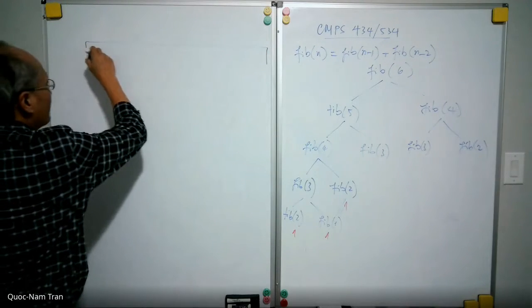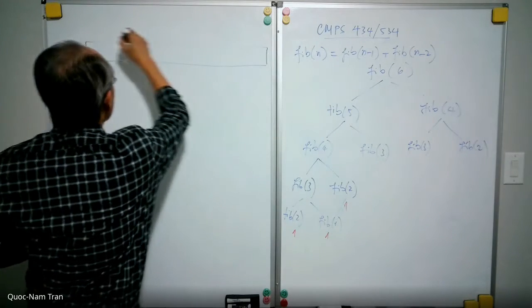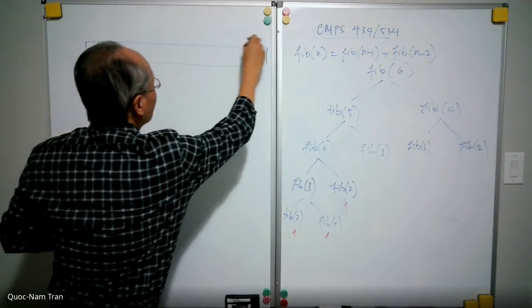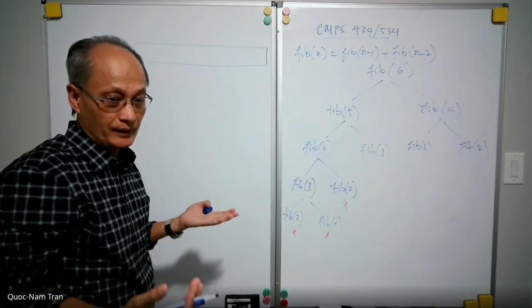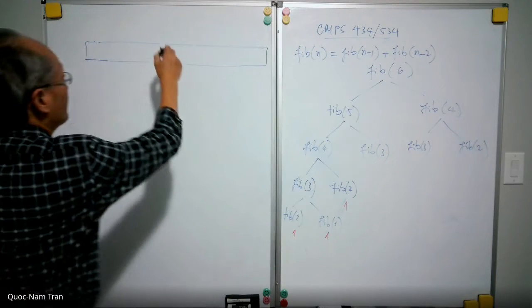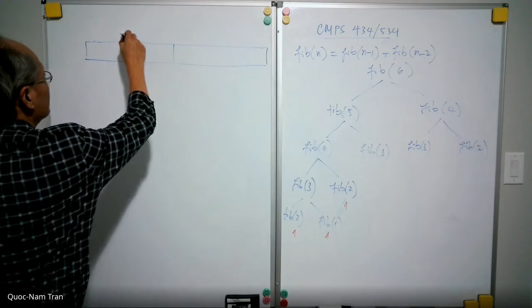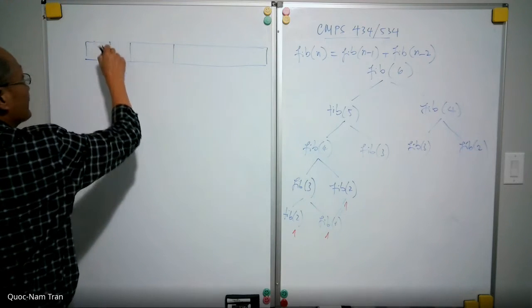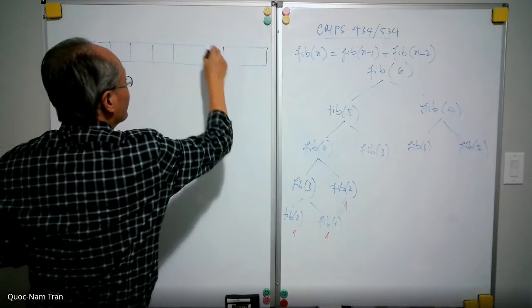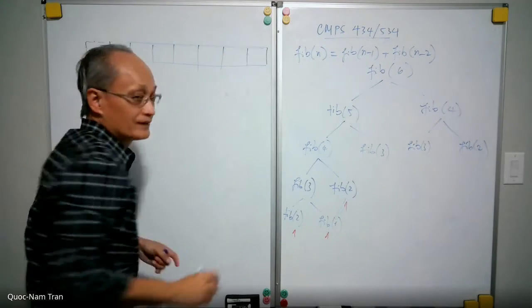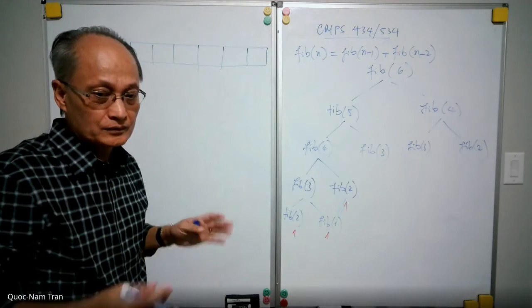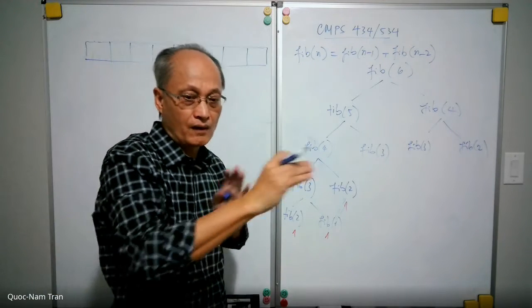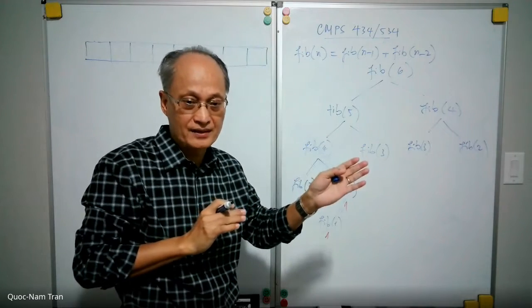Okay? So that said, yeah, it's a good idea, but how about thinking of what we will do with one example, right? So let's say we want to calculate the Fibonacci number here, for 8 values, right? So we will try to store the previous results, right?